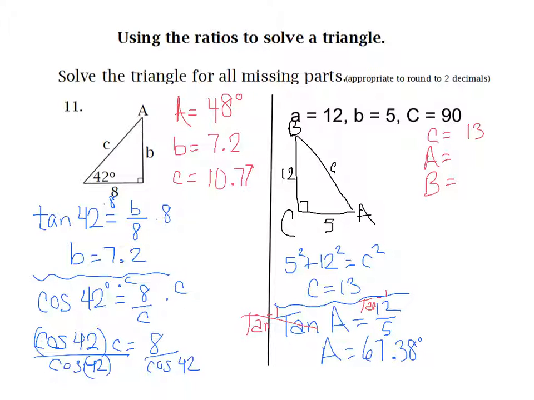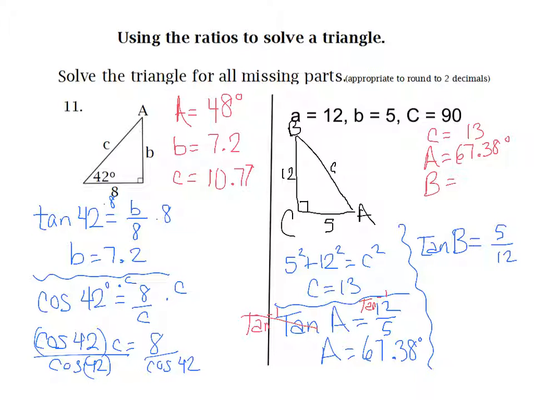Let's practice that one more time. Now, to be honest with you, now that I know this 90 and this 67, I could subtract from 180 to get this angle, which would be fine. But I just want to practice that process one more time of finding the angle measurement. This time I'm going to look for angle B. I know opposite and I know adjacent. That's going to be tangent again. Tangent of angle B is equal to opposite over adjacent.